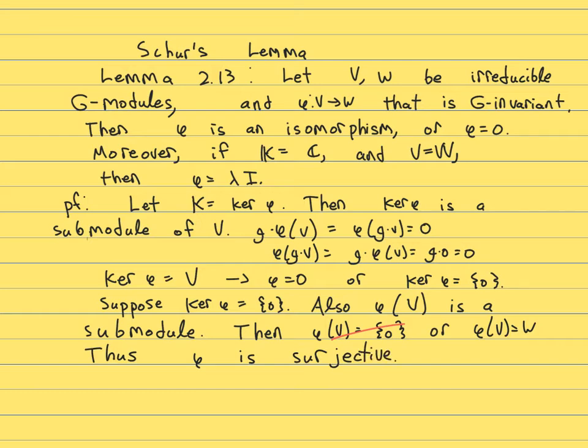So in general, if your codomain is irreducible, your homomorphisms are either surjective or zero. And if your domain is irreducible, your homomorphism is either injective or zero.